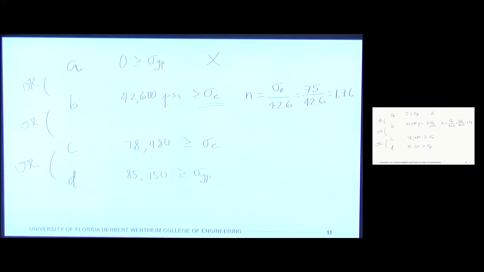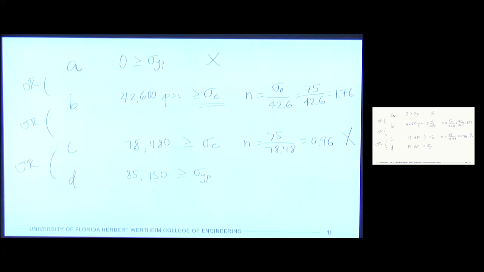It's greater than 1. However, if we keep going, for the second region here, let's compare 75 now to 78.48. So you can see now that our denominator is higher. So now we're going to get 0.96. So for that one, we would not get infinite life.